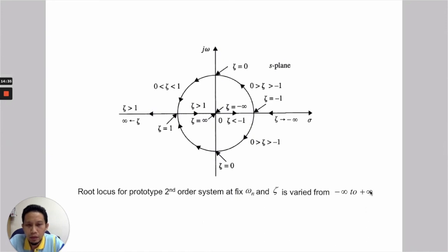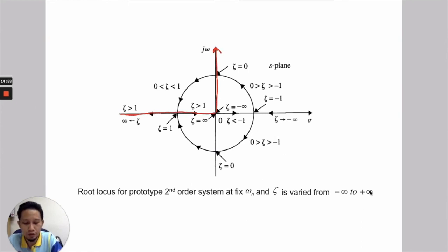So again, this is a very important figure that you need to really digest. What you need to memorize is one quadrant, because the rest of the quadrants are symmetrical to each other. So what you need to memorize is this quadrant only. Okay, you have the second quadrant here.